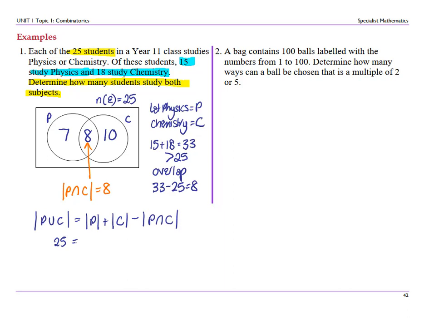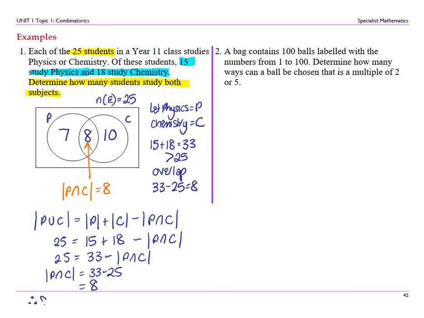We know that 15 study physics, 18 study chemistry, and then we need to work out what the intersection is. So we have 25 equals 33 minus P intersects C. So P intersects C is going to be 33 minus 25, which is 8.